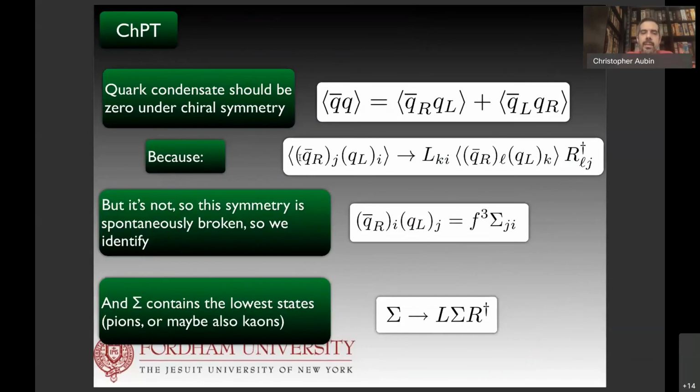This object right here should be zero if chiral symmetry is a good symmetry, because if I take this expression here and make the transformation, I get what's on the right-hand side of this arrow. Because the left and right-hand sides do not equal each other, this expectation value should vanish. But we see that it doesn't.